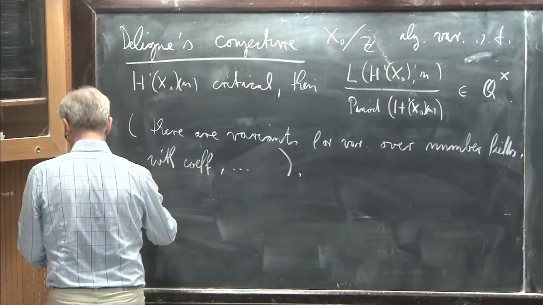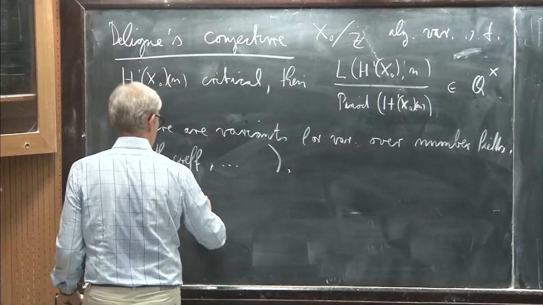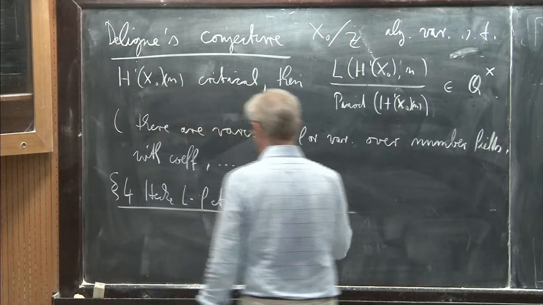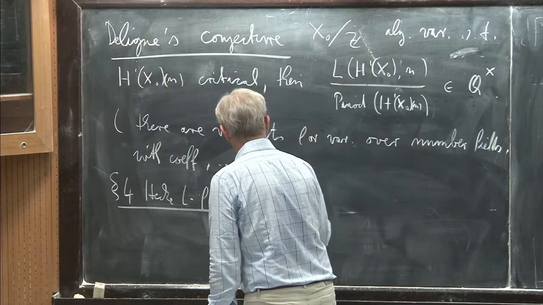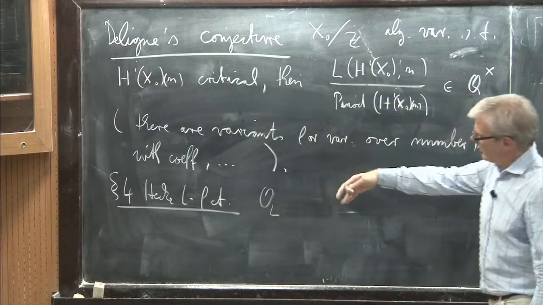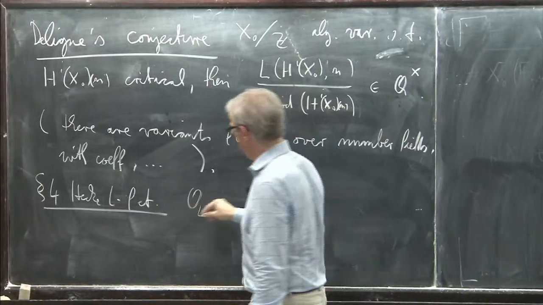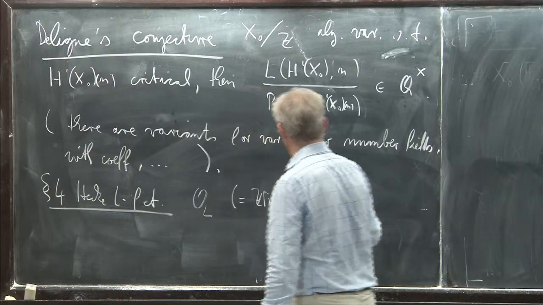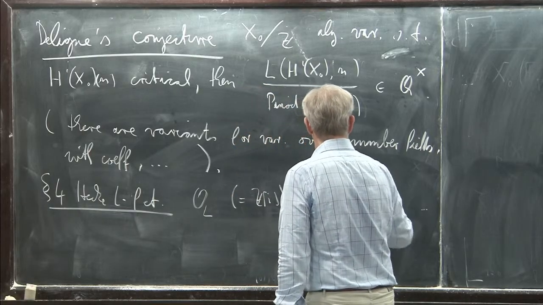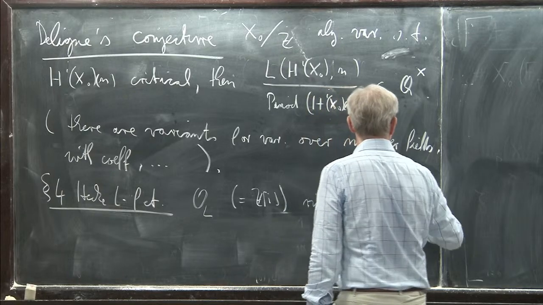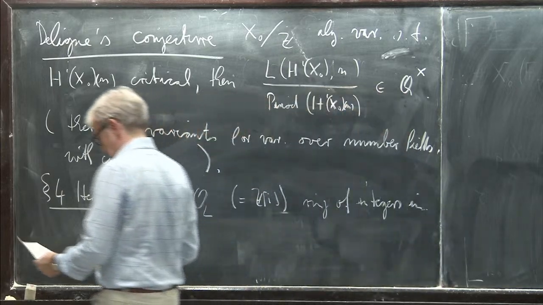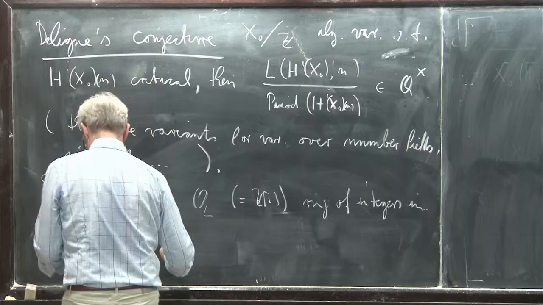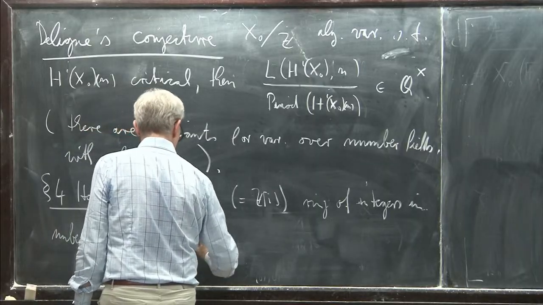So, Hecke L-functions. Just some technicalities here, you can ignore them. This is now the generalization of this third example, and there we had these integers Z, and this is now the ring of integers O_K in a number field. And we have to fix some ideal f in O_K here.